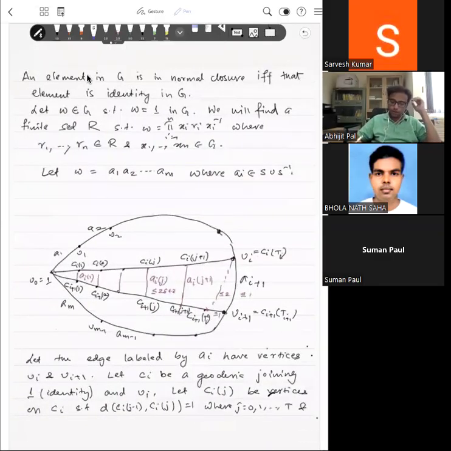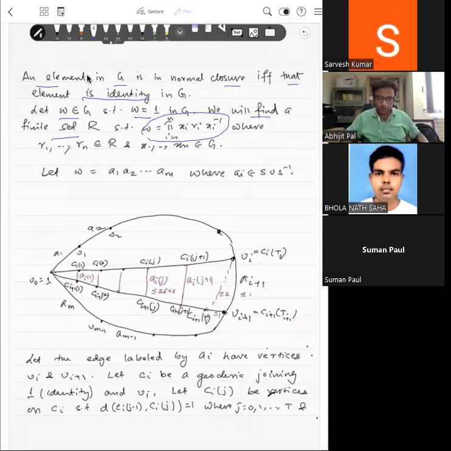First of all, this part is just group theoretic: an element is in the normal closure if and only if that element is the identity element in G. So let us take W in the free group such that W represents the identity element in G. We will find a finite set R such that W can be expressed as a product of conjugates.